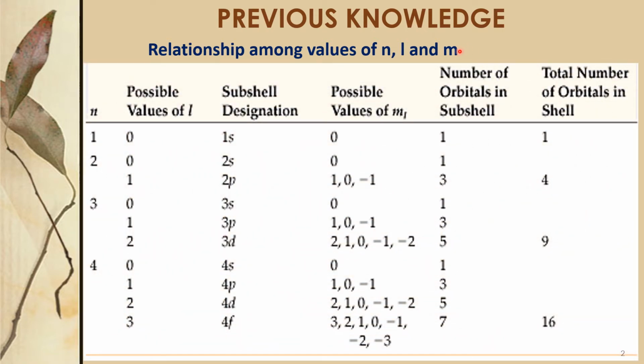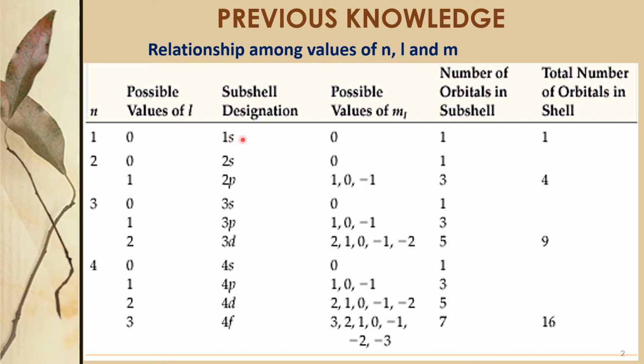This table gives us a complete idea about n, l and m and the names of the atomic orbitals. If n equals 1, it is the K shell. What is the possible value of l? It is 0. For 0, what is the designation? It is s. So this is called the 1s orbital.